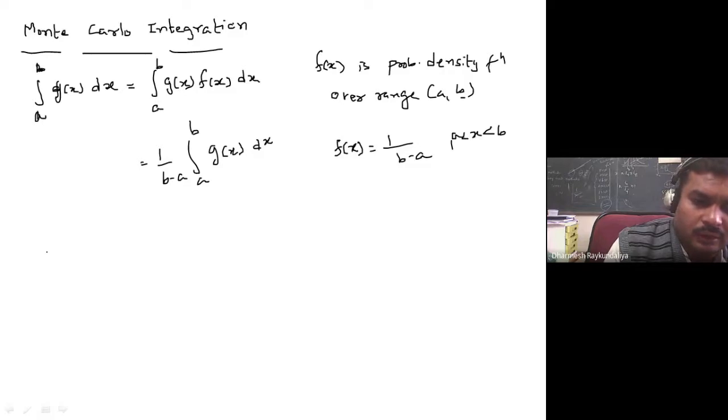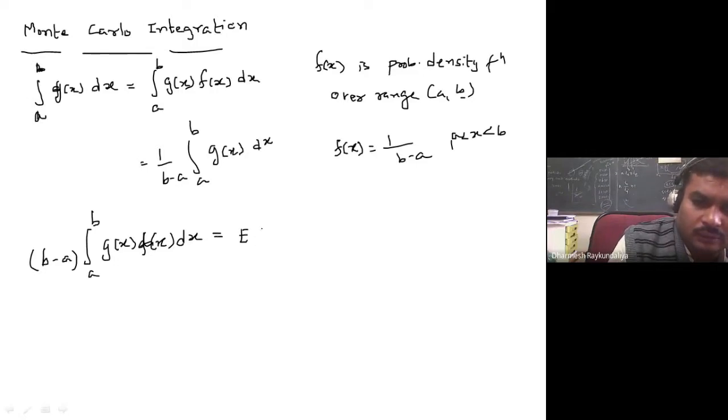So can I write this integration from a to b of g(x) dx as g(x) f(x) dx? f(x) is 1 upon b minus a, that cancels out, giving the same, and it is nothing but the expectation of g(x) over f(x).